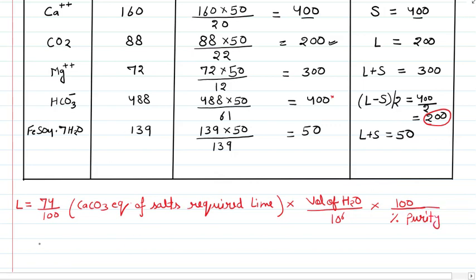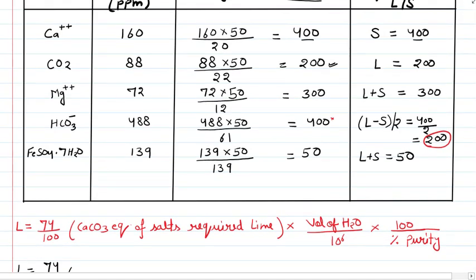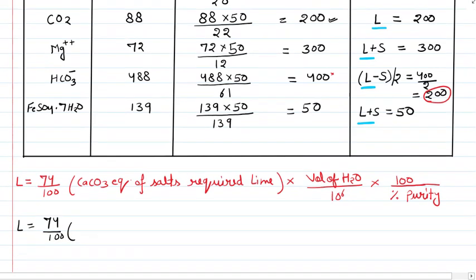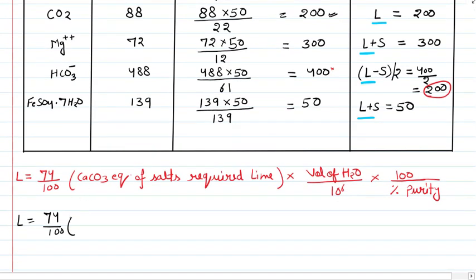By placing all the values, we get L is equal to 74 upon 100. Now let's see where we have L here: for carbon dioxide, for magnesium ion, for bicarbonate ion, and for ferrous sulfate, or we can say hydrated ferrous sulfate. So we have to write these 4 ions or salts here.